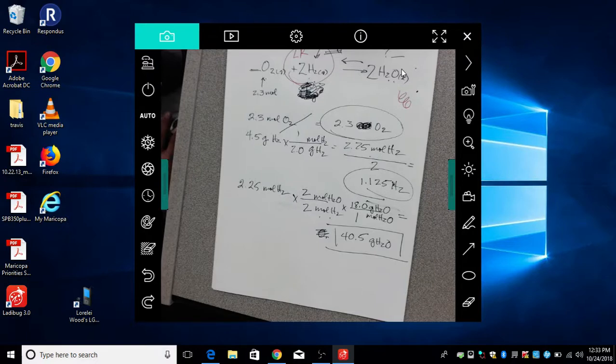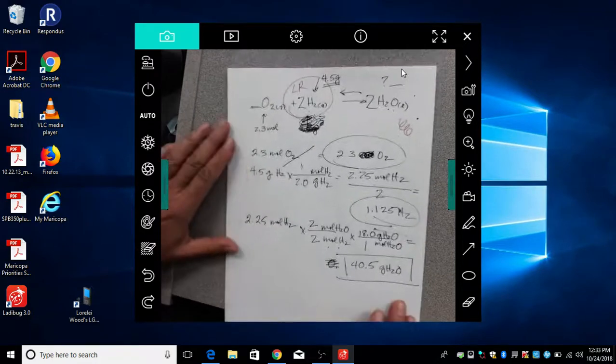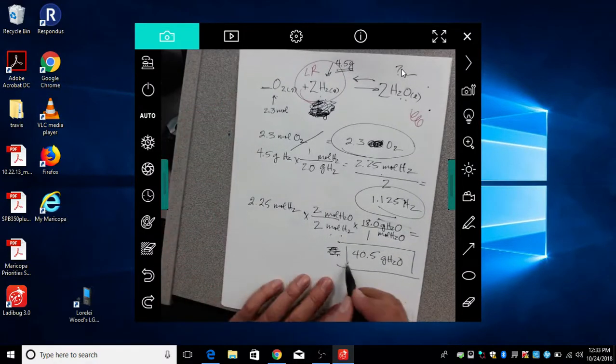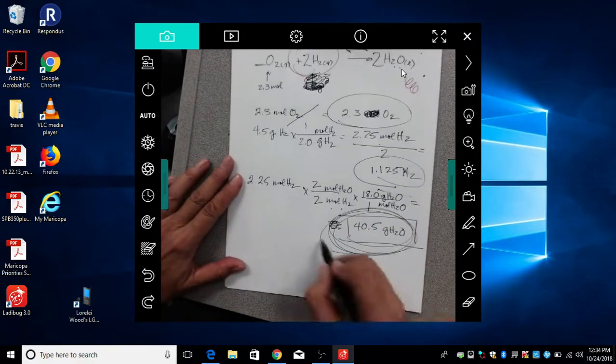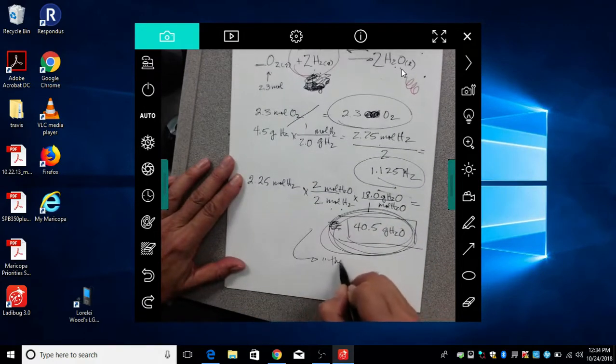Oh, percent yield. You know what? We haven't talked about percent yield. I just thought about that. Let's talk about percent yield real quick before we go on. All right, so in a perfect world, let's go back to this problem. This amount here is what's called the theoretical yield.